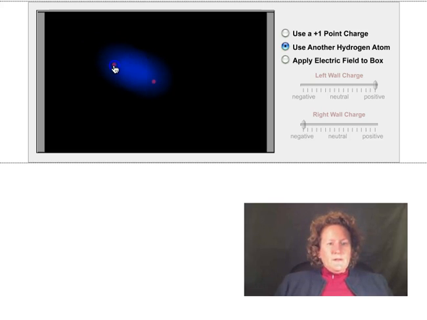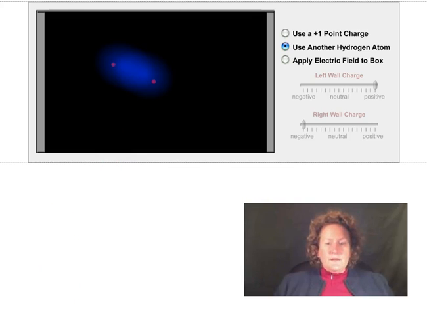If we bring them close enough together, you can see that there's kind of a bright blue spot in the middle, and that's showing where electrons are shared. An electron for this atom might come over here and spend a little bit of time over here, but then head back over here. And so that idea of sharing is called covalent bonding, and we'll explore that a little bit later in the lab.